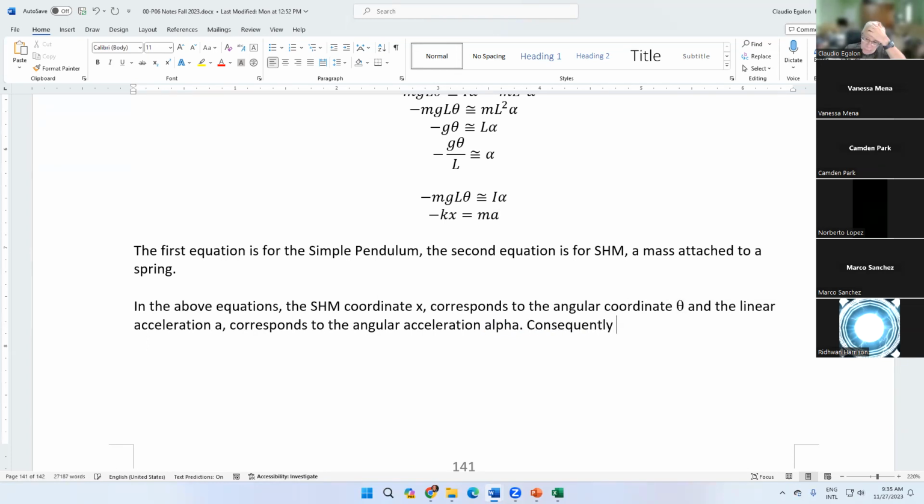Consequently, the k in the second equation corresponds to an angular k that I call k prime, given by mgl.